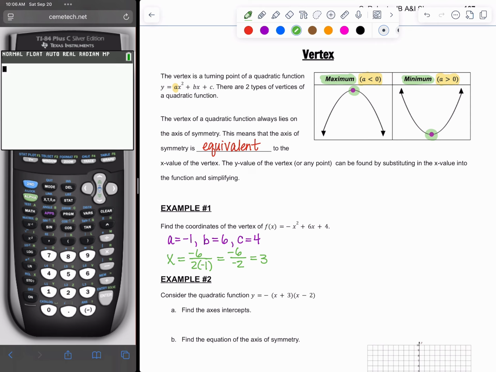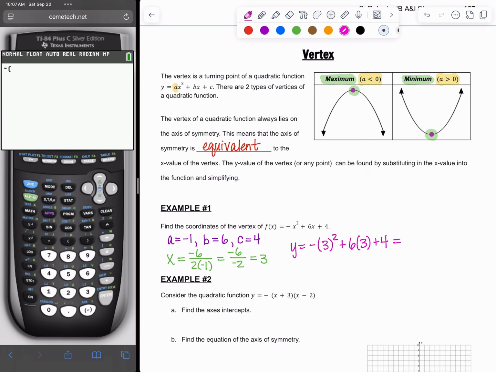Okay? So now if I want to find the y value, I'm going to substitute this 3 in for x here and here. When I do that, I will have y is equal to negative x, which is 3 squared, plus 6 times 3 plus 4.